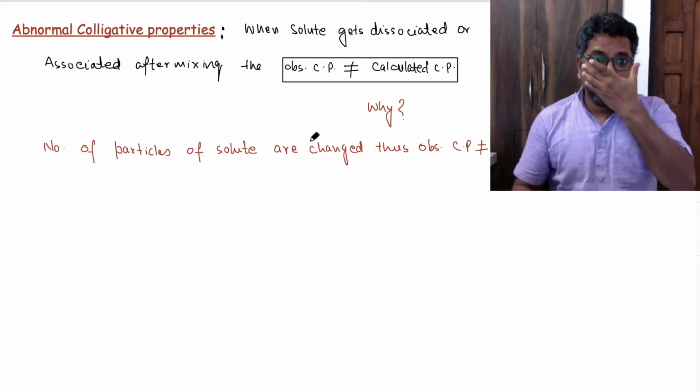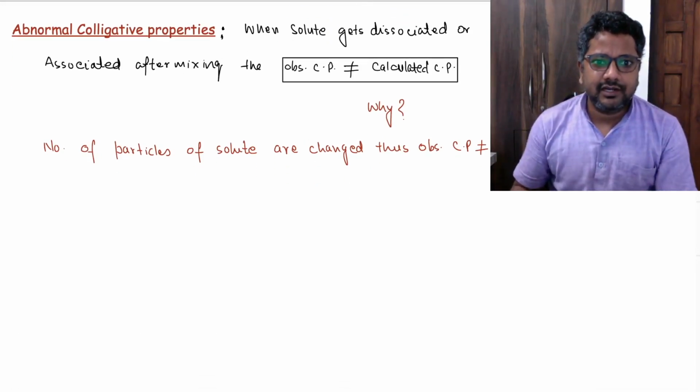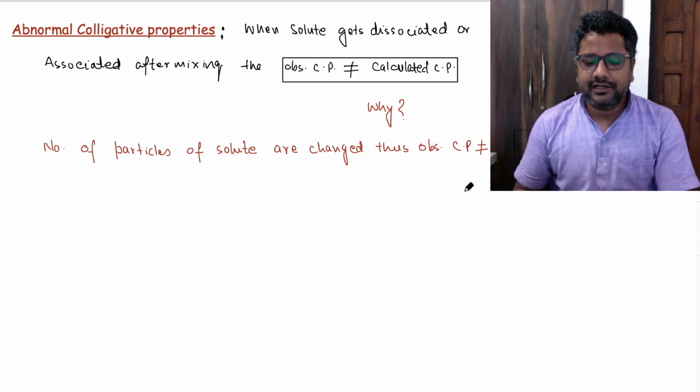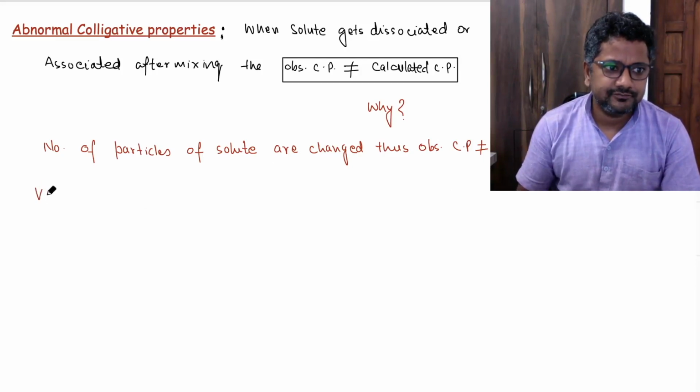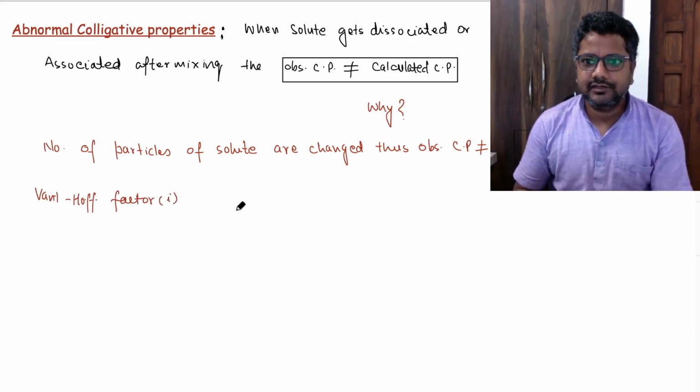So the observed and calculated colligative properties are related through the Van't Hoff factor. The Van't Hoff factor is represented with i, right?